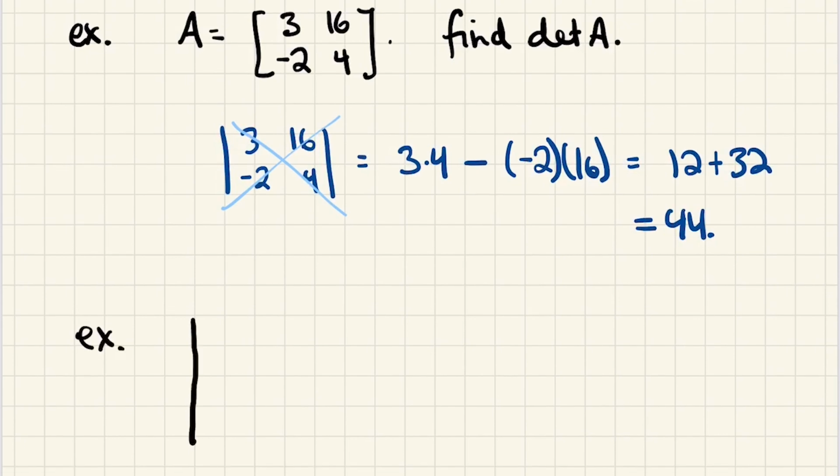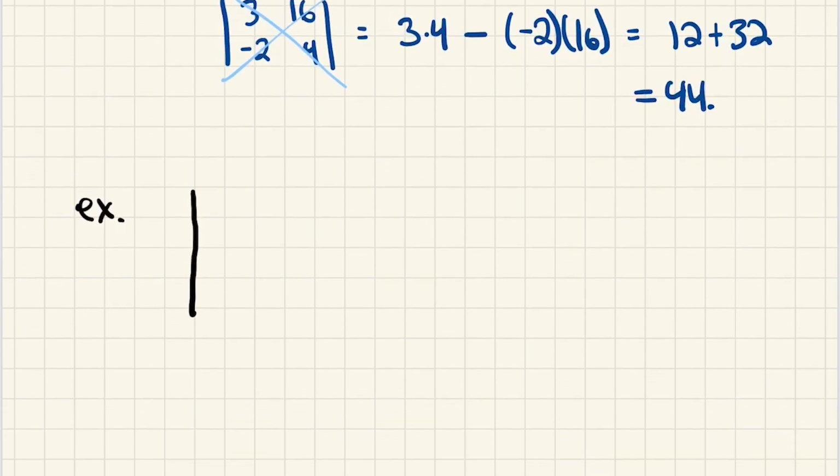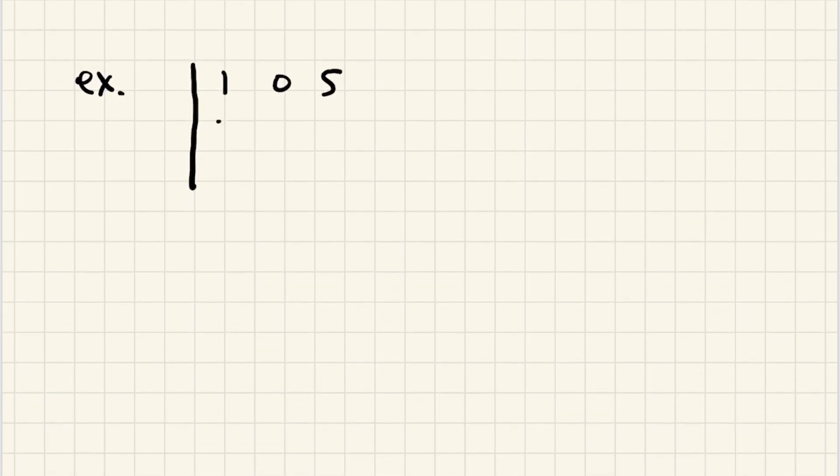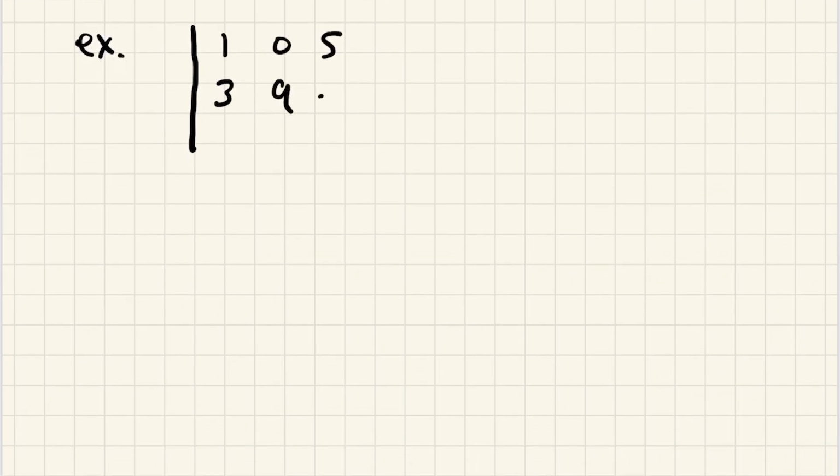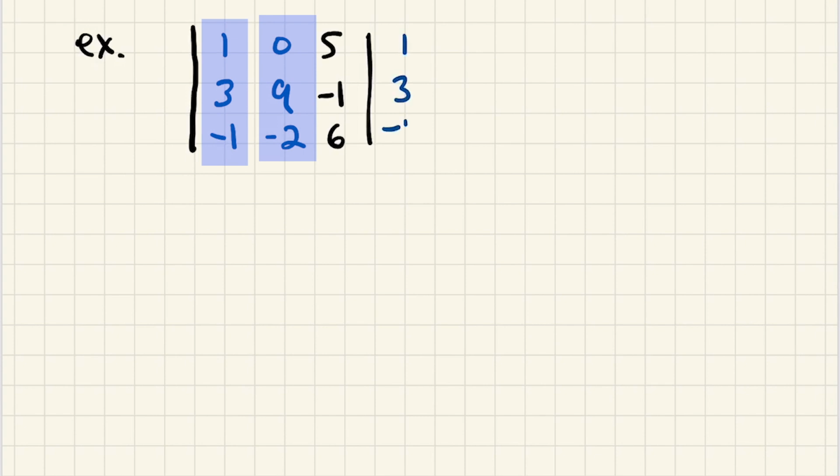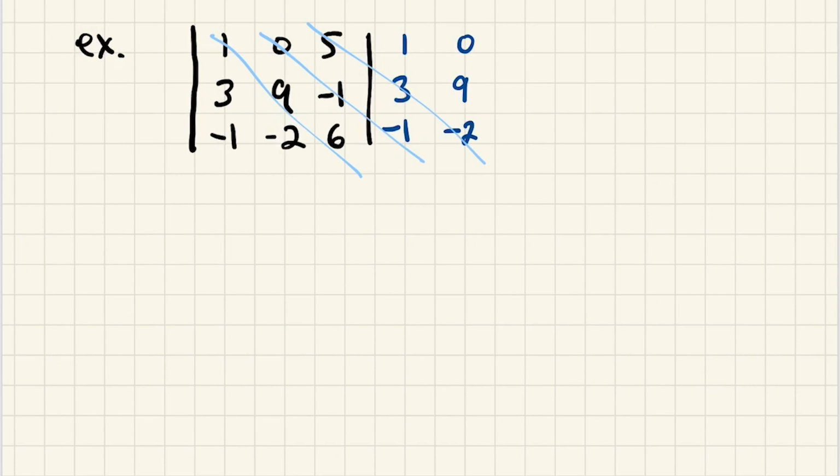Okay, let's find the determinant of the matrix 1, 0, 5, 3, 9, -1, -1, -2, 6. So for a 3x3, remember we copy down the first two columns right here. And then we multiply out of these and add those products.